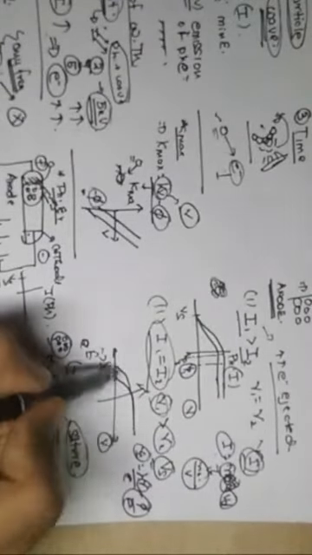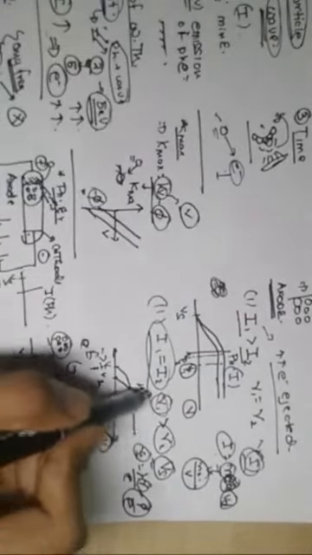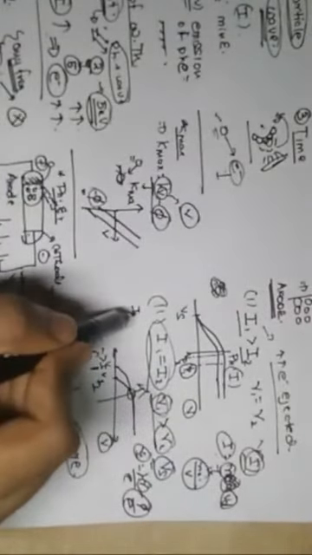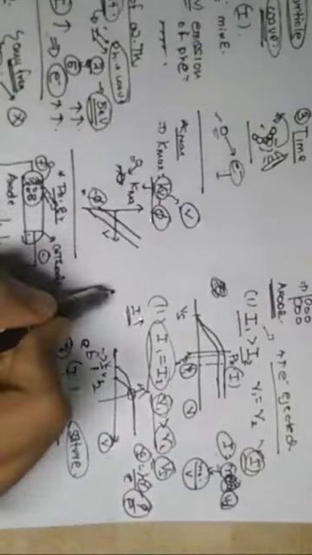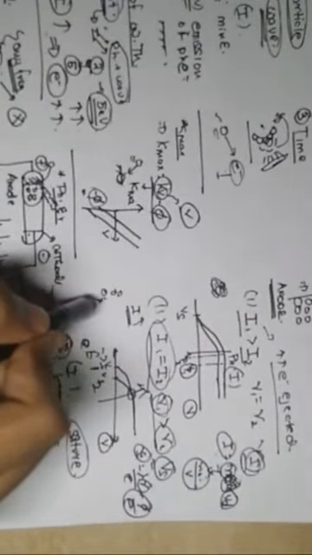In this case, we can explain this one as: the intensity is the same, so the saturation current would be the same. But why is this happening, that they're meeting at the same point? The reason is that when the intensity is increased, the number of photoelectrons getting out is more.